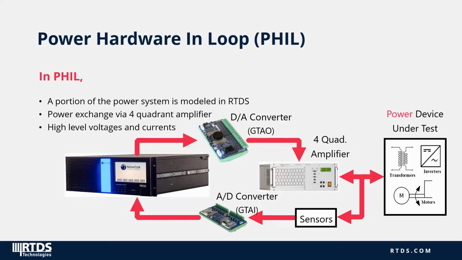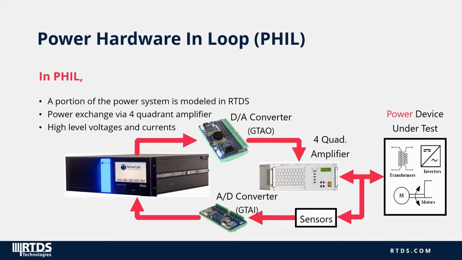So let's go over again what some of the differences are between the power hardware in the loop test setup and the control hardware in the loop test setup. In the power hardware in the loop setup, essentially what we've done is we've split the power system into two parts. One part is being modeled inside the RTDS, and another part is being interfaced with the RTDS by using a four-quadrant amplifier.